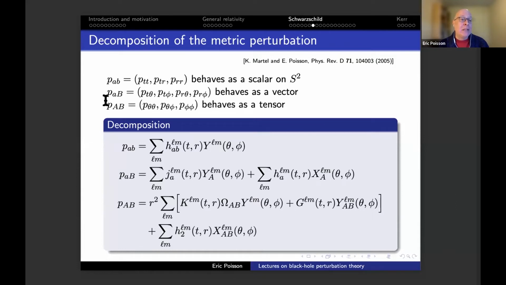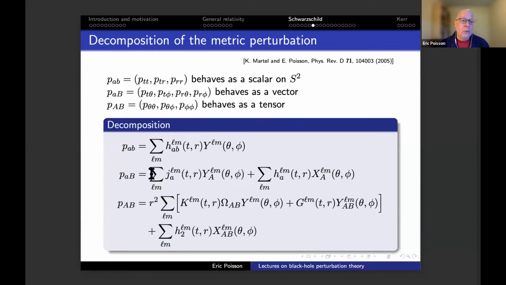Anything that has mixed components like this, t theta, t phi, r theta, r phi, because there's only one angular component, that will behave as a vector on the sphere. And then anything that has to do with two angular components will behave as a tensor. Anything that's a scalar, I can expand in scalar harmonics.